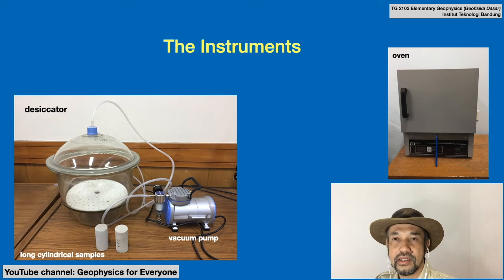The oven is the instrument that the student would use to heat the sample at a certain temperature to ensure that all the water or any other fluid will be released from the samples.